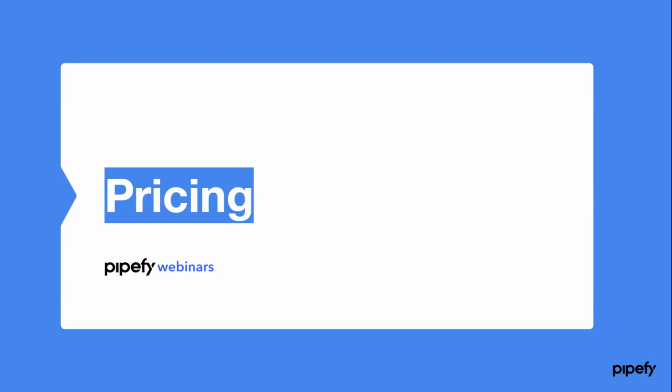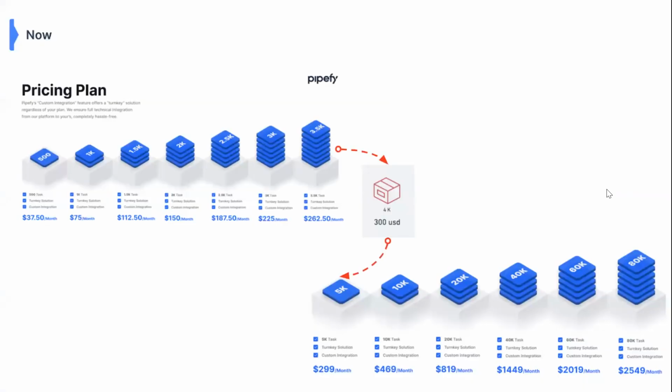So if you could please move the slide forward, just for me to elaborate more on it. As I've mentioned, our pricing model for the integration product is per volume. It starts at $37 per month, which will give you 500 tasks per month, and it can go to a model where you have 80K tasks per month, for instance.